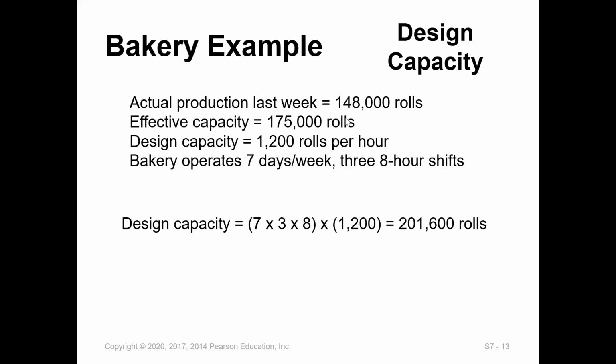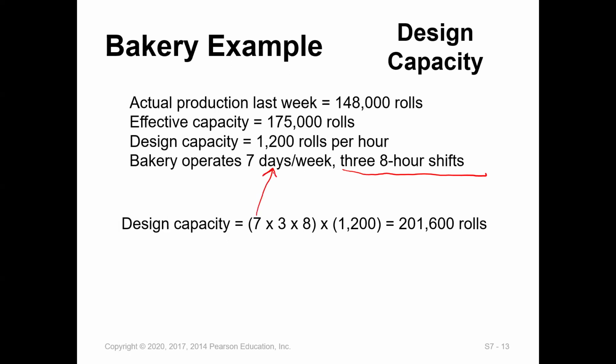Actual production last week was 148,000. Effective capacity was 175,000. Design capacity is 1,200 rolls per hour. The bakery operates 7 days a week, three 8-hour shifts. So for the design capacity, how many days? 7 days.